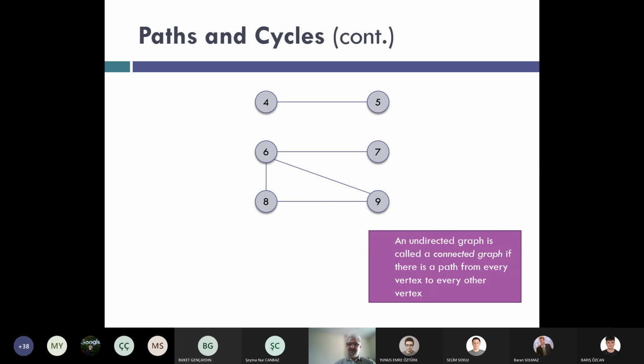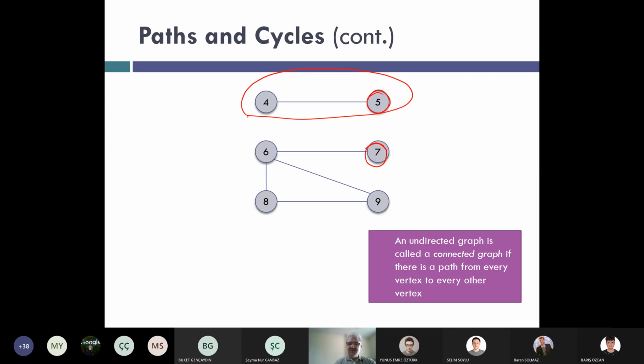But this graph is not connected since there is no path from 5 to 7. It is not possible to start from 5 and reach 7 in this graph, right? So this graph is not connected. If a graph is not connected, it contains connected components.